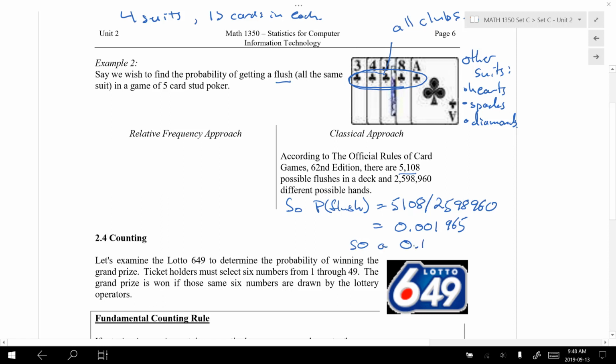About a 0.1965% chance. So probably not going to happen all the time.